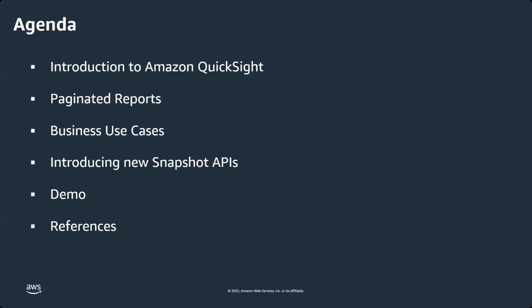We'll discuss the business use case for today's session, and then we'll go deeply into the snapshot APIs, which is the talking point for today's discussion. We'll describe what these APIs are and what the definition looks like, and then finally we'll showcase a quick demo, which Salim will present through the CLI and using the APIs, showing how you can create a script, execute it, and see the outcomes. And lastly, we'll touch upon a few references.